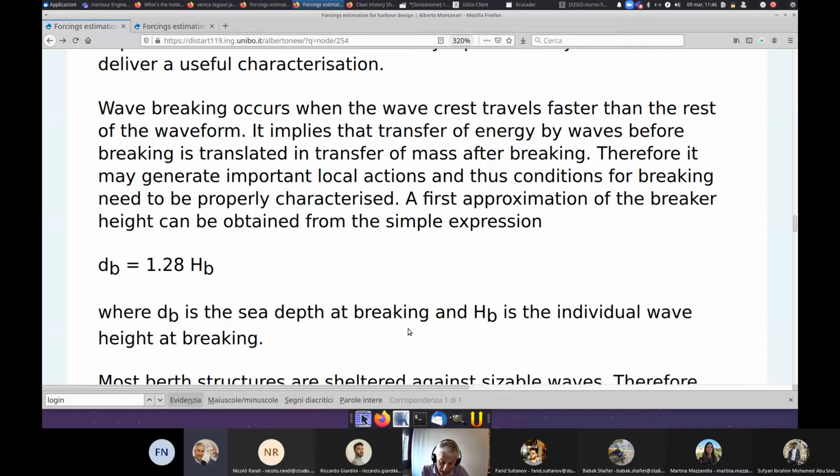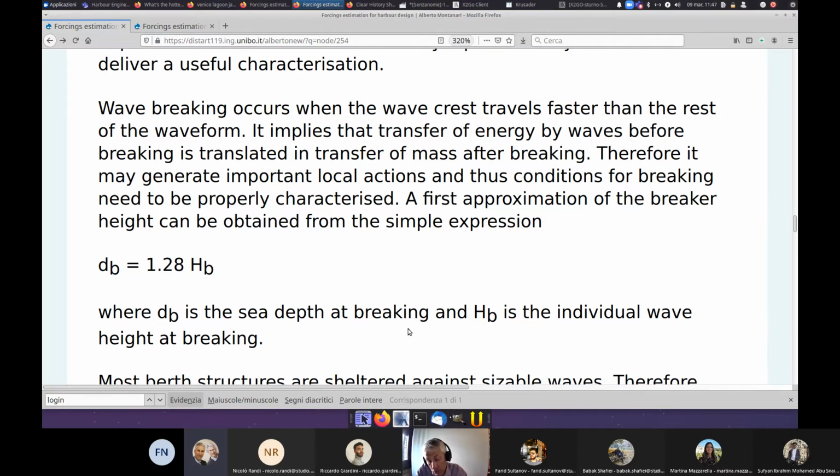And the first thing is that you should make sure that the port is deep enough to avoid breaking. Why is that? Because clearly you understand that if you get wave breaking into the area of the port, then you get into a situation that is more dangerous in terms of forcing that is originated by the waves.